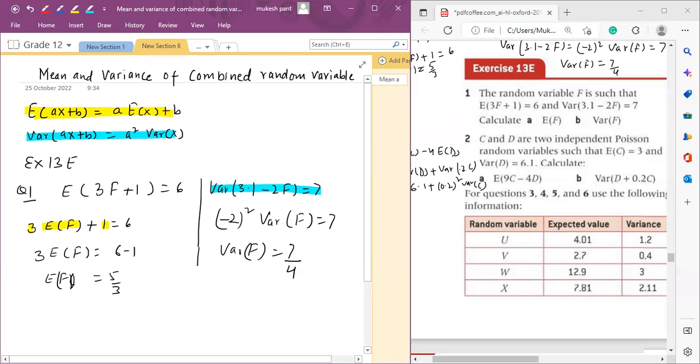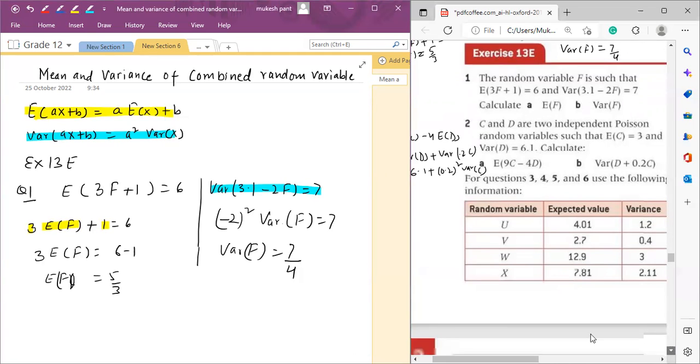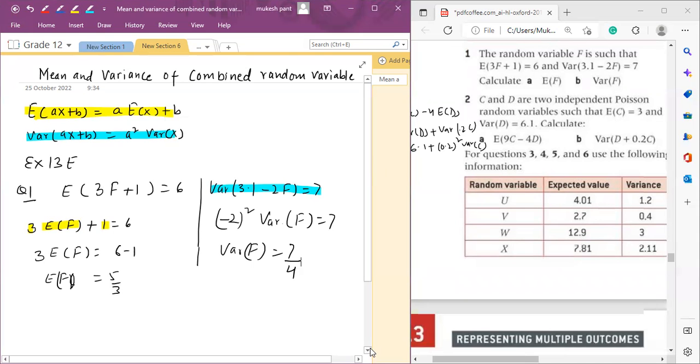If there is a constant, it will not play any role. Okay, so now we take some more questions. Is this much clear?